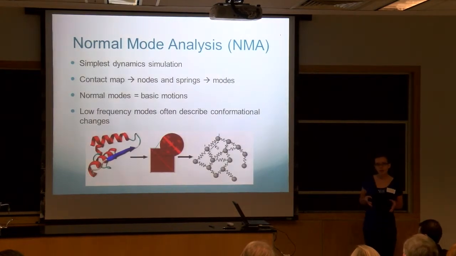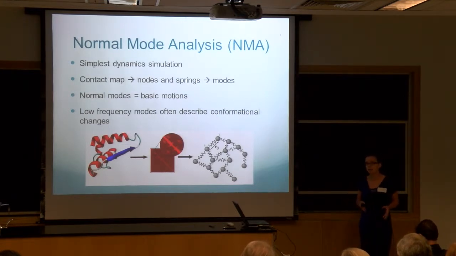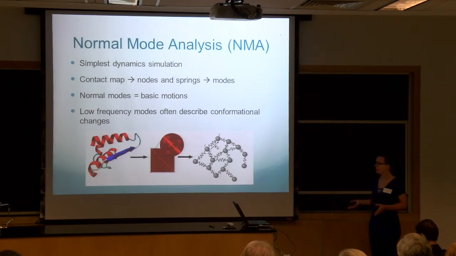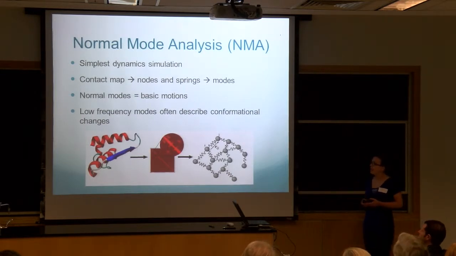Basically, it takes this protein and uses a contact map to model it as a system of nodes and springs, and then does a lot of math to find normal modes of the protein, which are basically the most basic motions that the protein can take and how the protein is most likely to move within its function. A lot of times what you find is that the lowest frequency modes describe the conformational changes that we see experimentally. So by using these simulations, we're able to predict the dynamics of the protein.